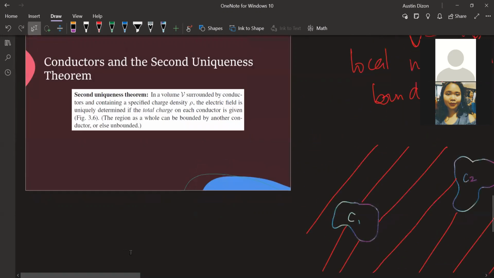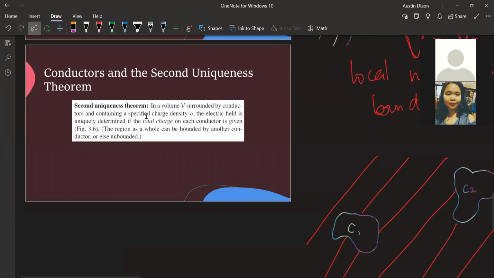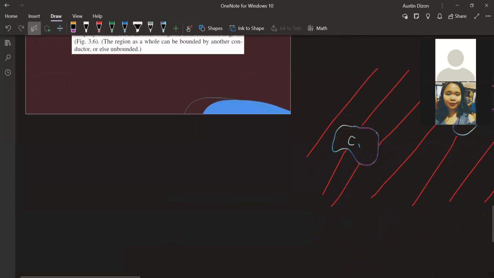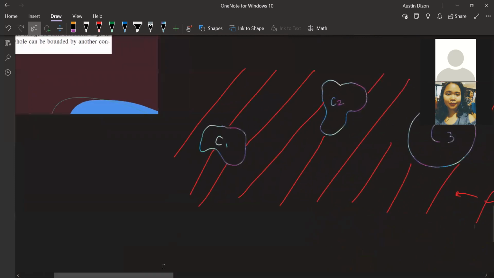Now the uniqueness theorem tells us that in a volume V surrounded by conductors and containing a specified charge density rho, the electric field is uniquely determined if the total charge on each conductor is given. Okay? So you can only know the electric field, E can be known and is unique.